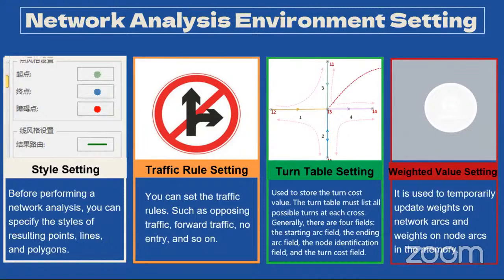You can also set the traffic rule settings, such as opposite traffic, forward traffic, and no entry, and so on. And you can also set the turntable setting and weighted value setting, depending on what analysis you want to do.